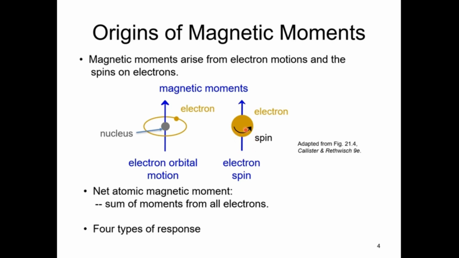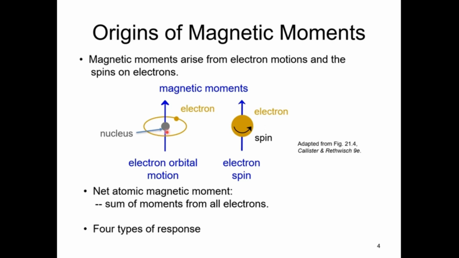So this is the spin axis. The electron cloud is spinning along this spin axis. So this is the direction of spinning. Our electron moves along this spin axis, and this also produces magnetic moments. And the net atomic magnetic moment, or the total atomic moment, is the sum of these two motions.